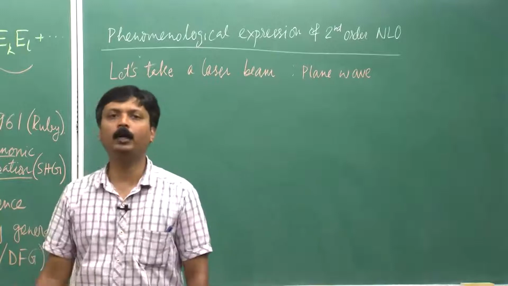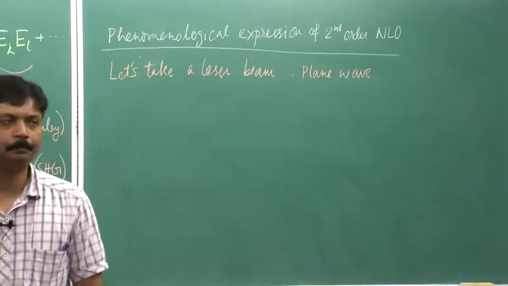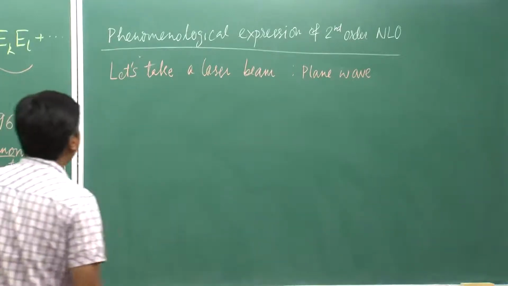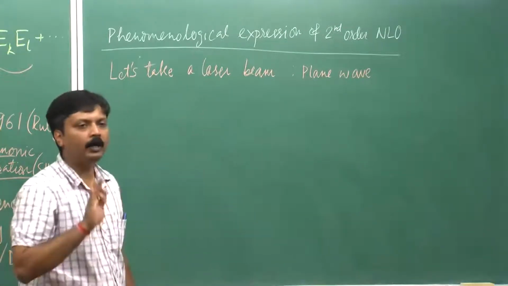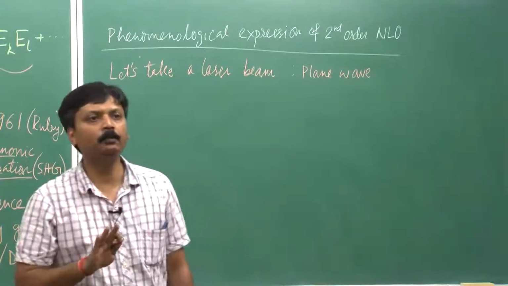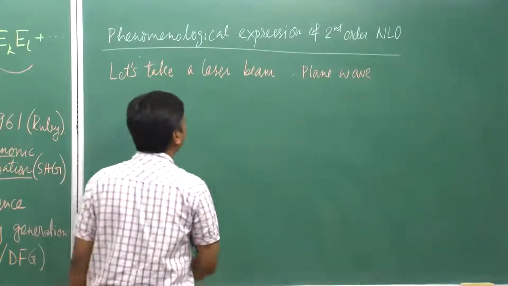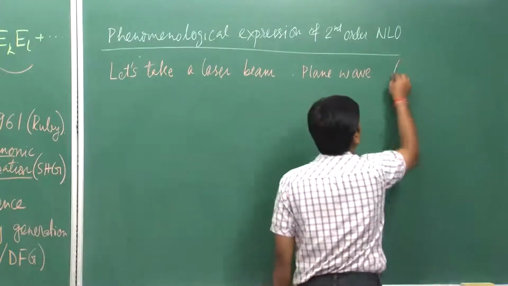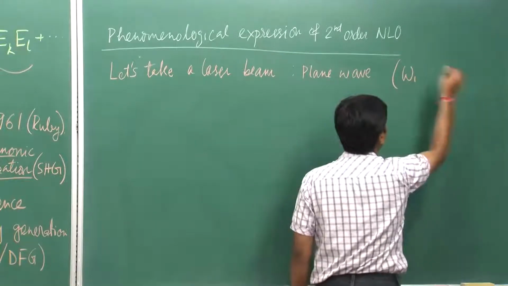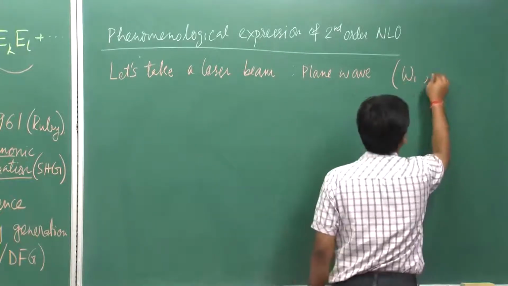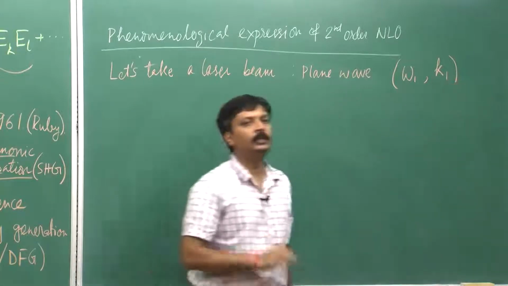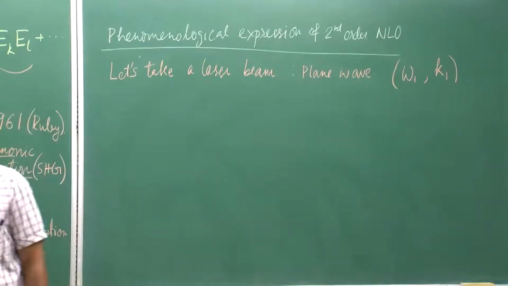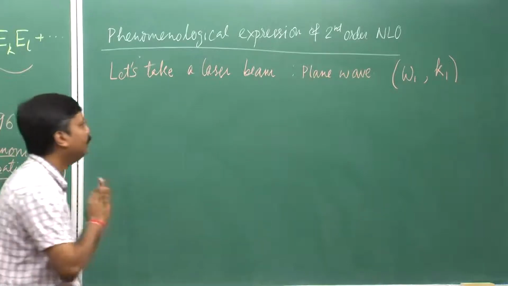So, we have learnt about it in high school physics. And let us also assume that this fundamental laser light, which is a plane wave, is characterized by a frequency omega 1 and an associated wave vector k1. Okay. So, these are the two things that characterize my fundamental laser beam.